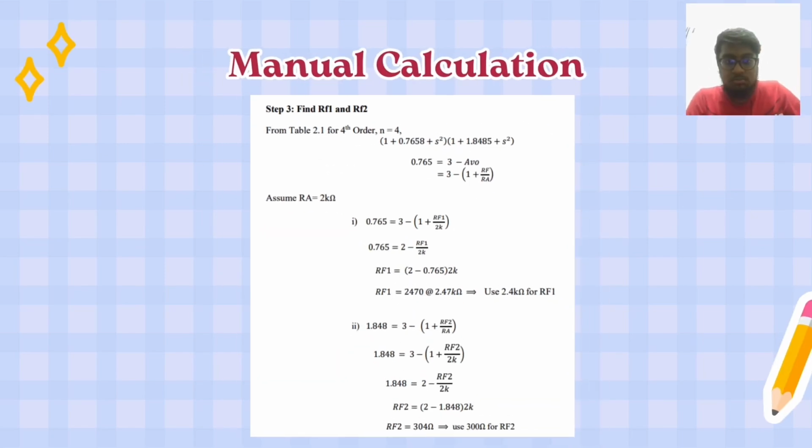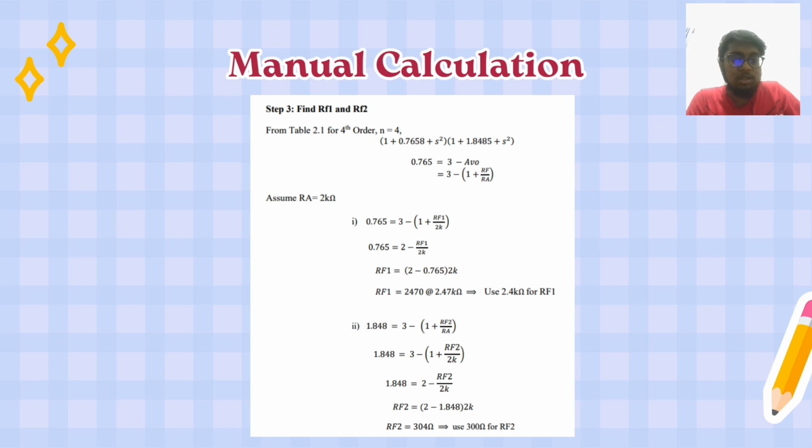Next step is find RF1 and RF2. From the table, the fourth order, n equals 4. So the equation is (1 + 0.7654s + s squared)(1 + 1.8478s + s squared). The 0.765 we take out and it equals 3 minus AVO.